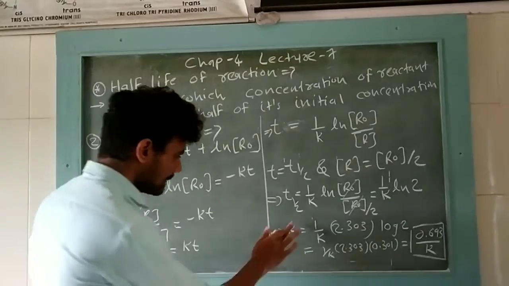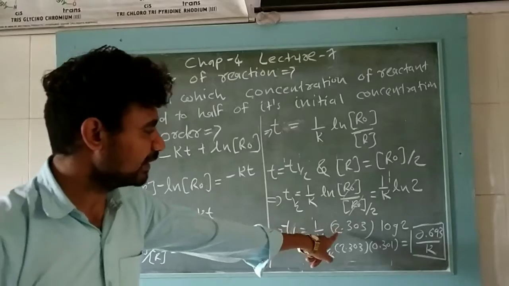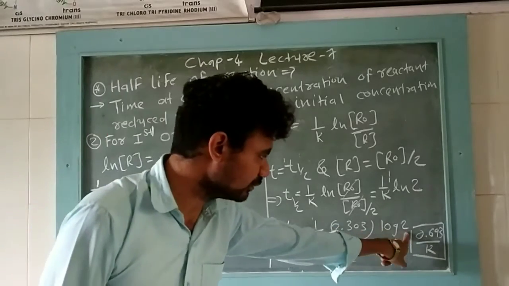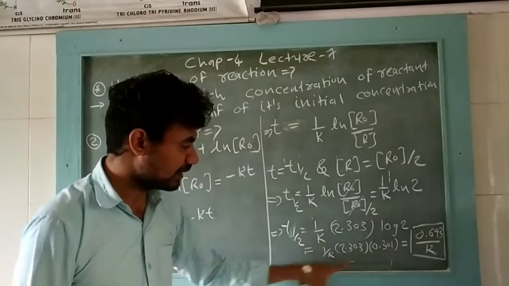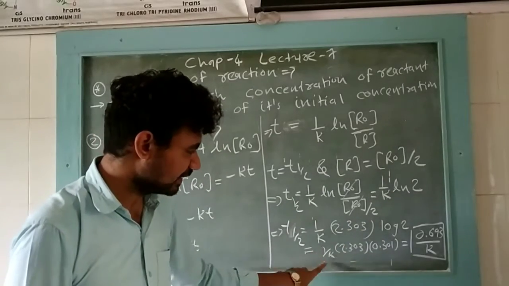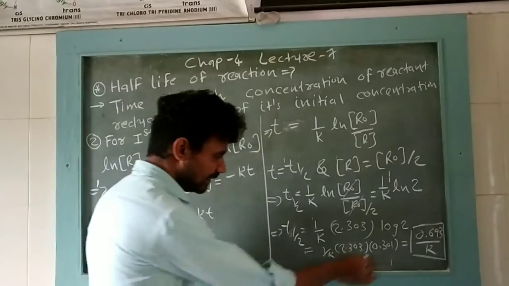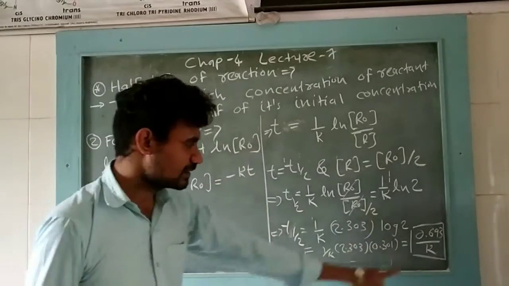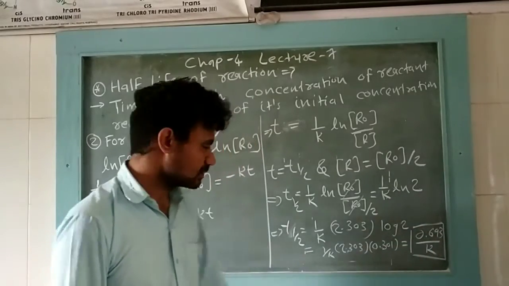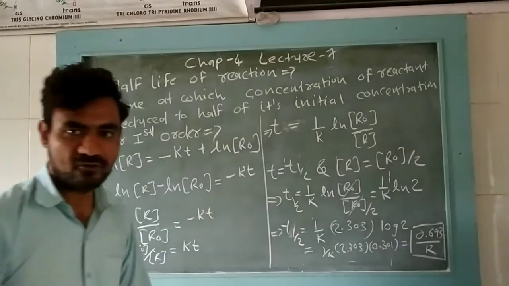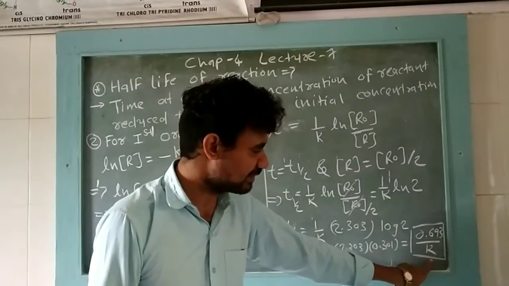So I will get t1/2 is equal to 1 by K into 2.303 into log 2. Log 2 value is 0.301. So I have written here 1 by K into 2.303 into 0.301. Now if you multiply these two, you will get 0.693 divided by K. So t1/2 for first order reaction is equal to 0.693 divided by K.